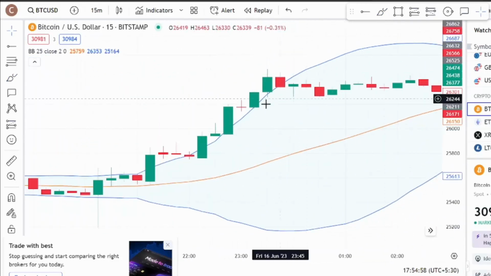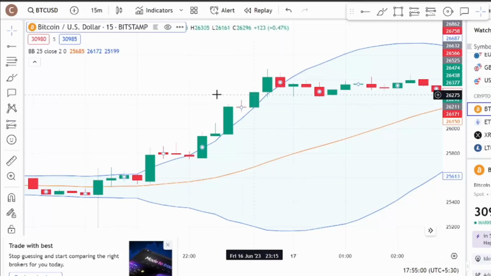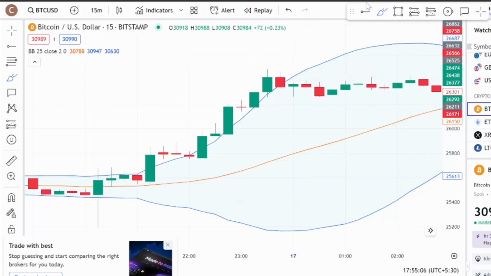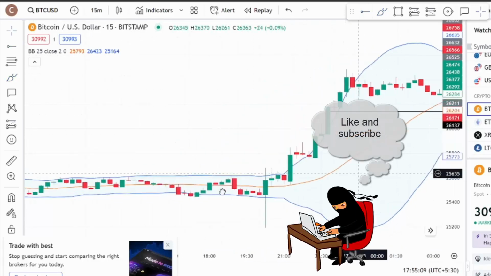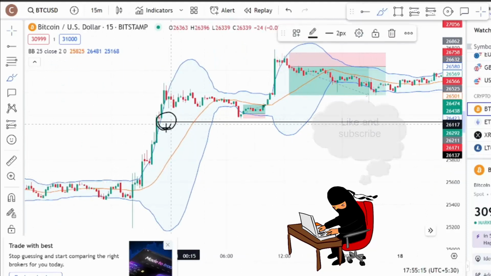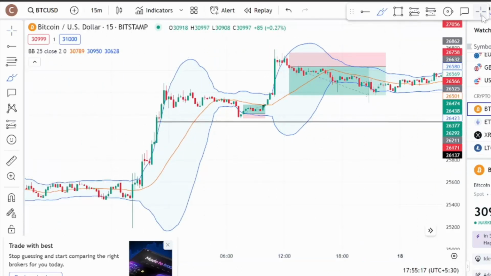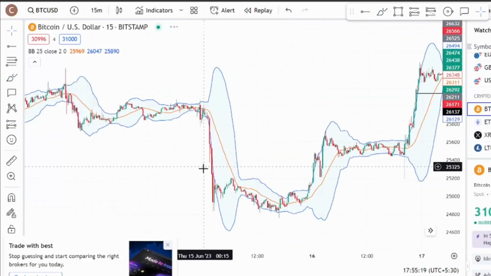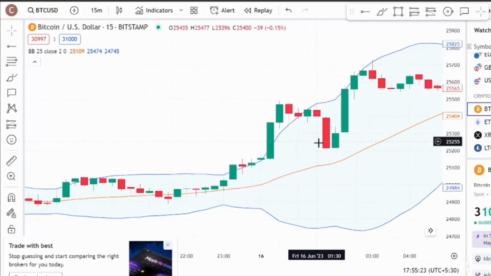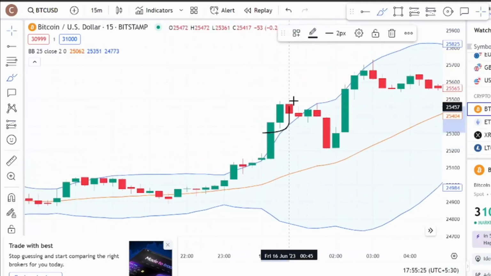Here is another candle which is floating outside the Bollinger Band. But look at this. No candle is breaking its low, so we didn't get an entry here, right? And another candle outside the Bollinger Band.